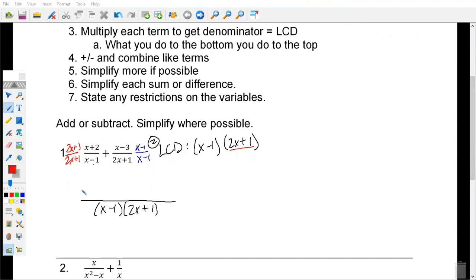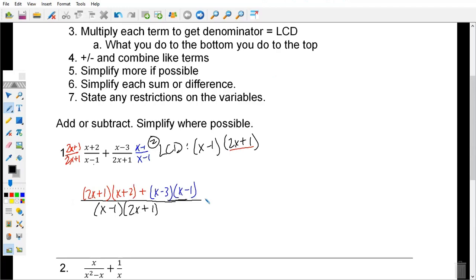In our numerator, we have 2x plus 1 times x plus 2, plus this side, we have x minus 3 times x minus 1. And now instead of two fractions, we have one. So at this point, you're going to multiply and combine like terms, right?